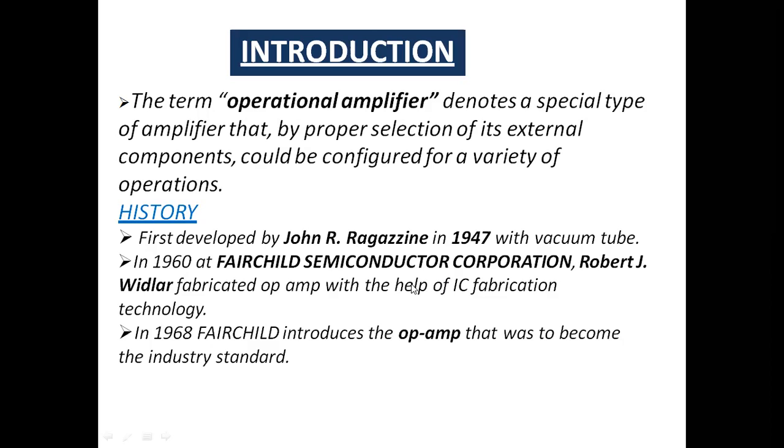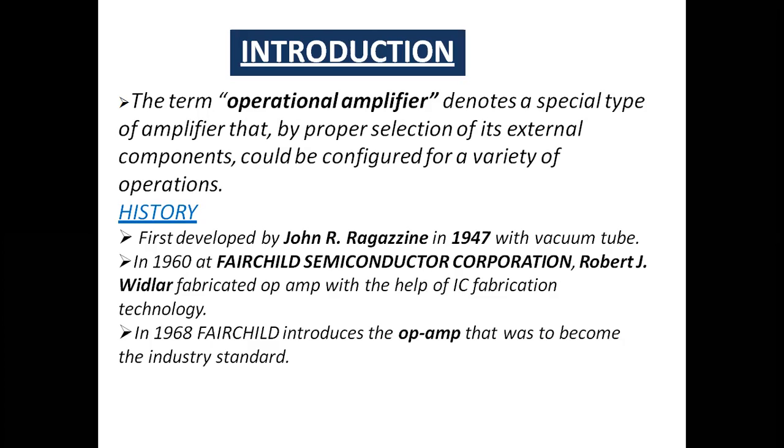If you see the history, the operational amplifier was first developed by John R. Radzin in 1947 with vacuum tube. But in 1960, it was again discovered by Fairchild Semiconductor Corporation's Robert G. Wilder. He fabricated op-amp with the help of IC fabrication technology.